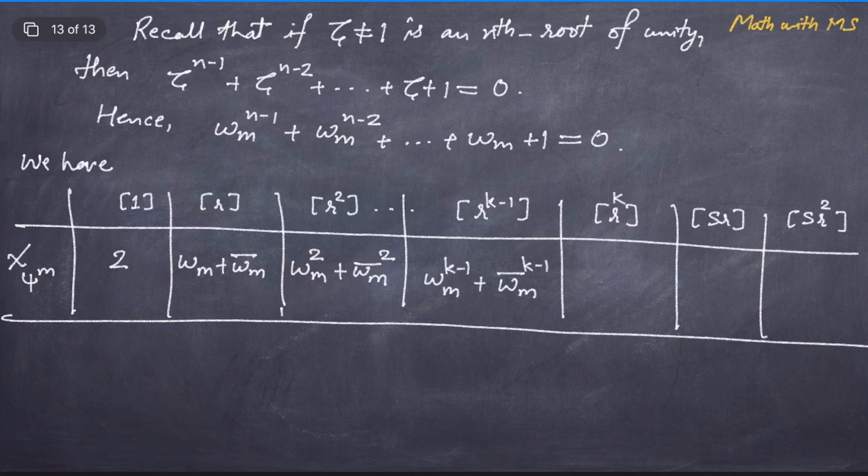The character value of psi m at r to the power k is the trace of the matrix A to the power k, which is omega m to the power k plus omega m bar to the power k.